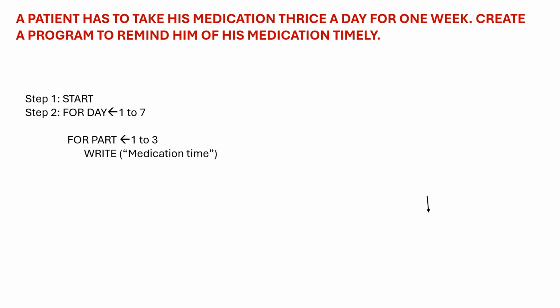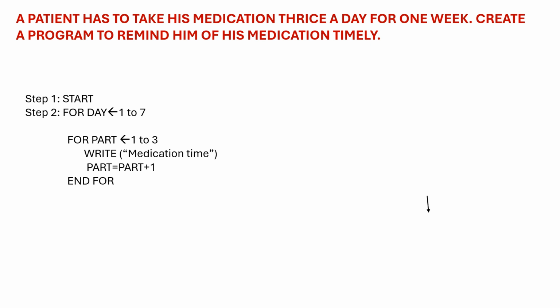And then it goes writing medication time, means for day 1 it will move on to the part 1, mention the medication time, and then part 1 would be incremented. It becomes 2. So on the second part of the day it would again write medication time, and it will get incremented to 3. When it reaches 3, it will again check, yes, 3 is within the limits. So it is again going to remind him of the medication time, increment it to 4.